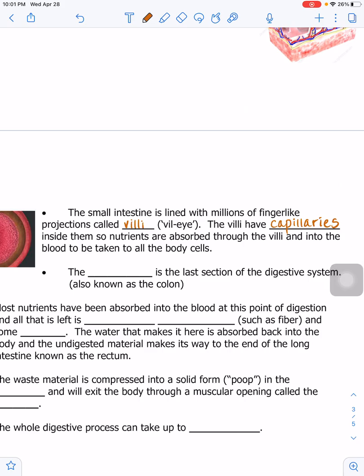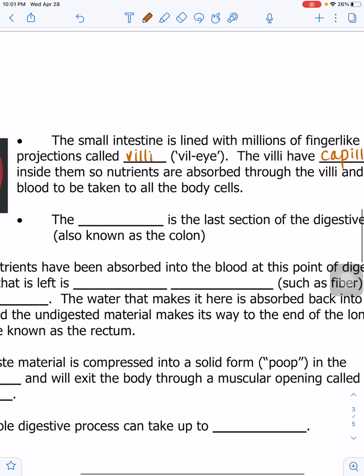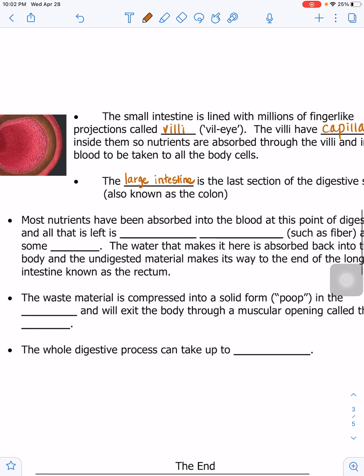Okay, next. The large intestine is the last section of the digestive system. It's also known as the colon. So when what you've eaten has made its way to the large intestine, most nutrients have already been absorbed into the blood.